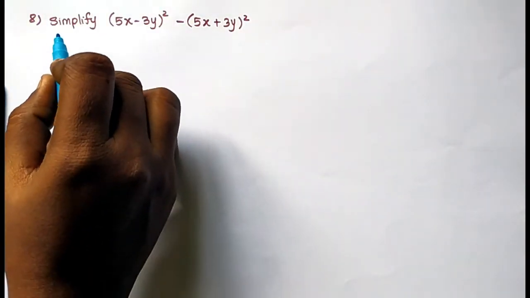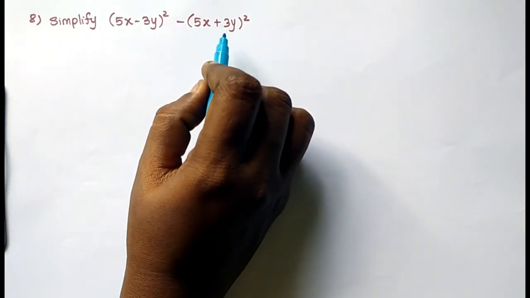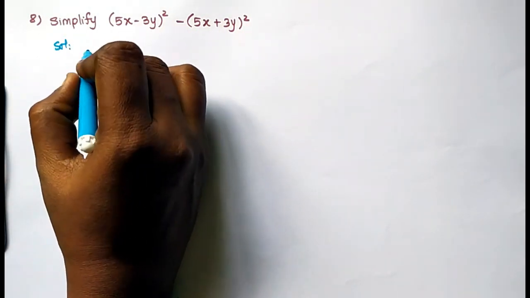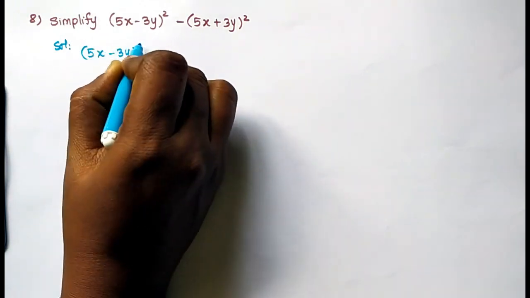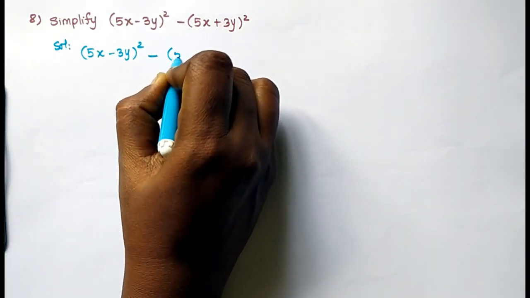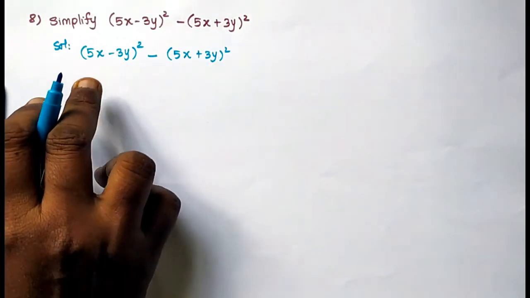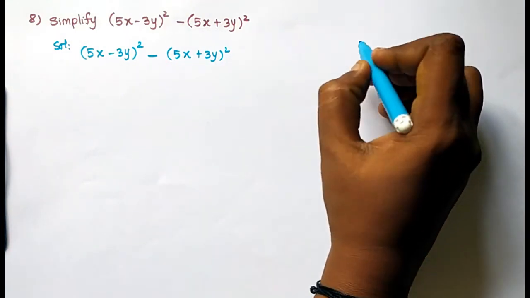Eighth sum. Simplify 5x minus 3y whole squared minus 5x plus 3y whole squared. Listen, here a minus b whole squared format, here a plus b whole squared format.